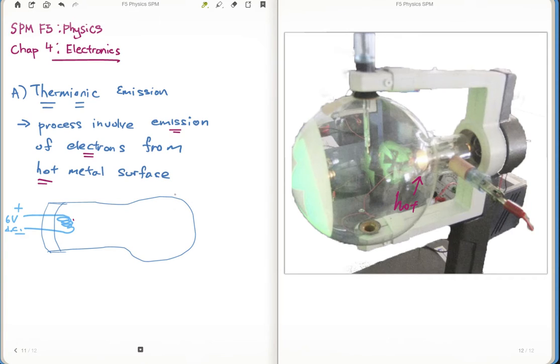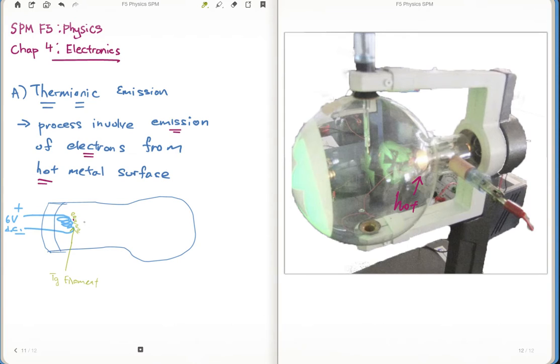This is actually a tungsten filament, a metal with a very high melting point, so you heat it up. When current passes through it, the internal resistance generates heat, and therefore the valence electrons are freed and ready to be accelerated.